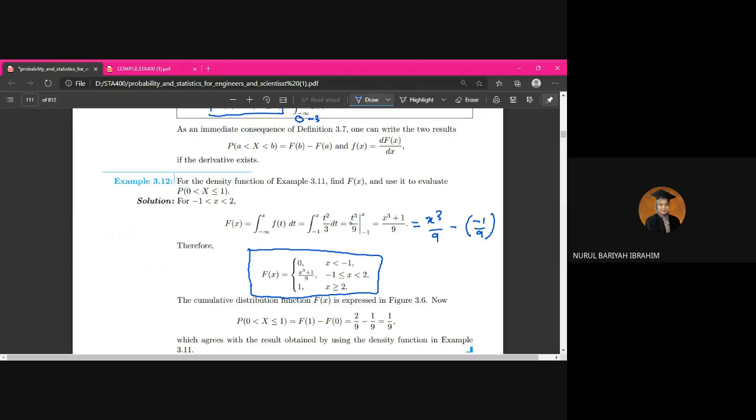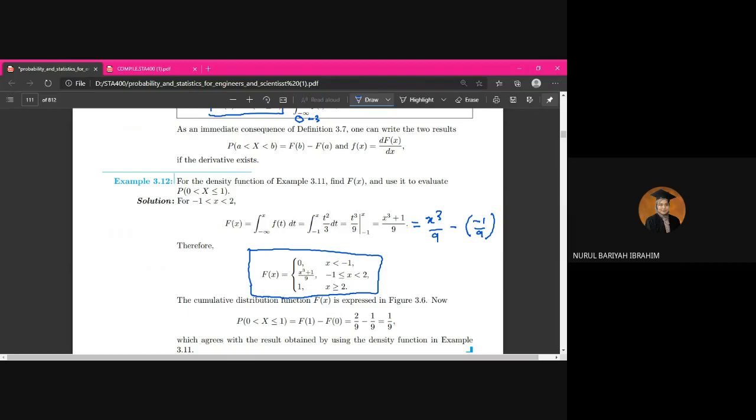And then if more than 2, this value interval tadi, apa limit dia? So dia punya nilai probability will be 1. Okay. Selepas daripada tu pun dia punya nilai probability will be 1. Maksudnya kalau punya x tu adalah 3 ke 4 ke, so nilai dia punya CDF will be 1.